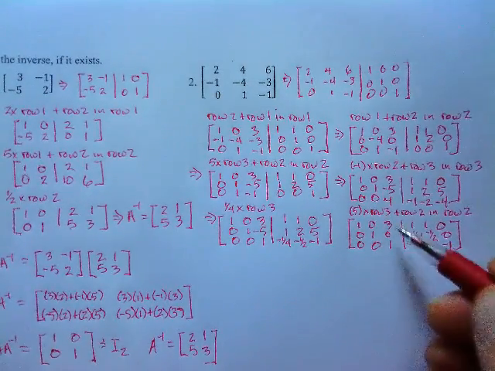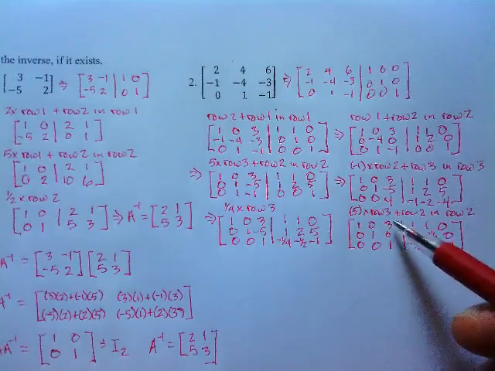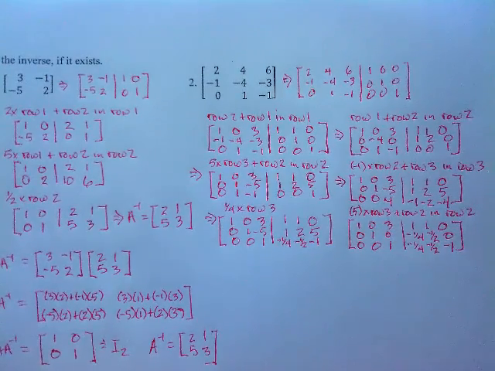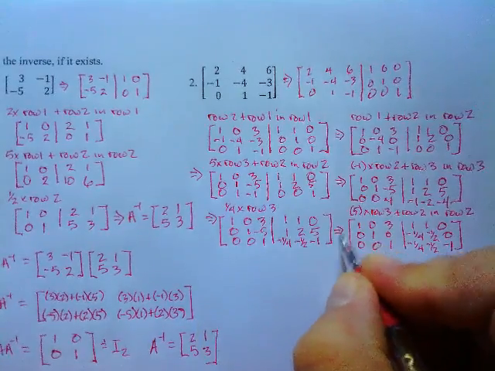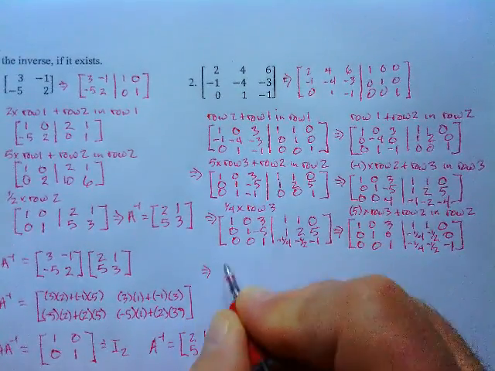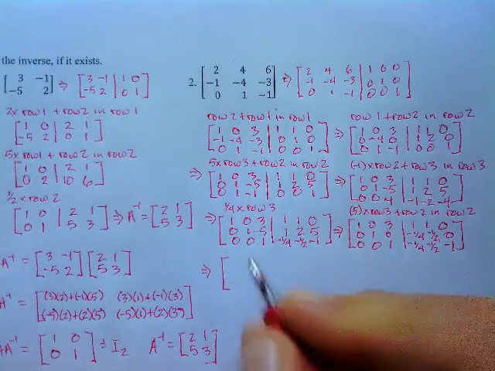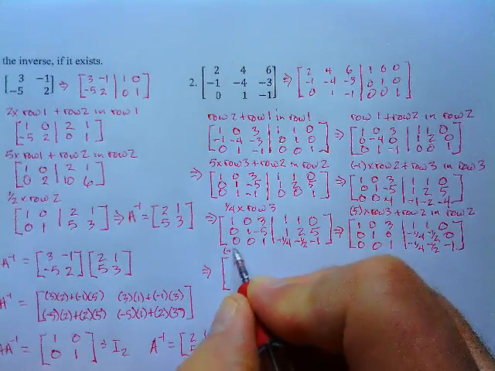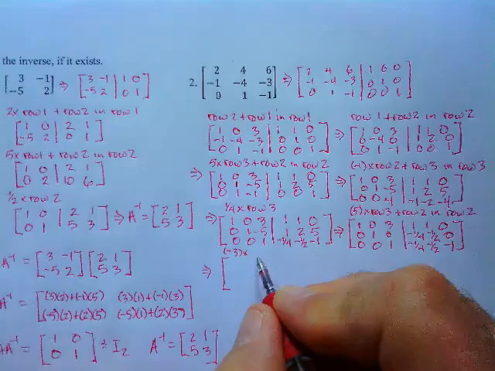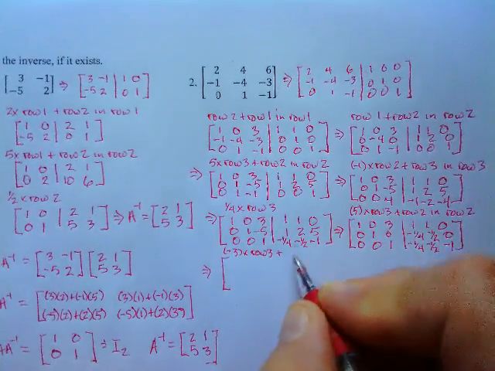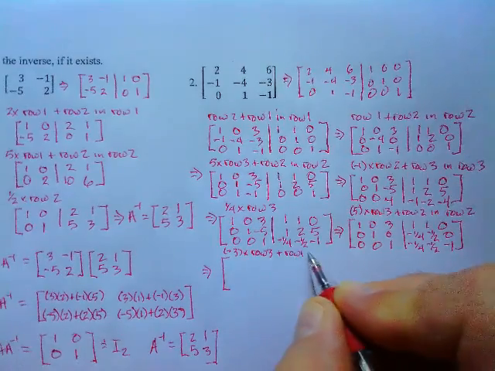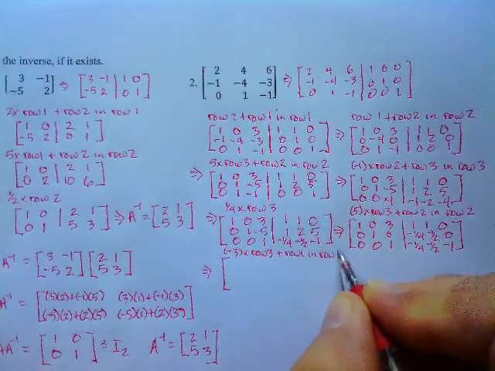So we got one spot left to do. We want to turn that one into 0. So now I'm going to do negative 3 times row 3 plus row 1 in row 1.